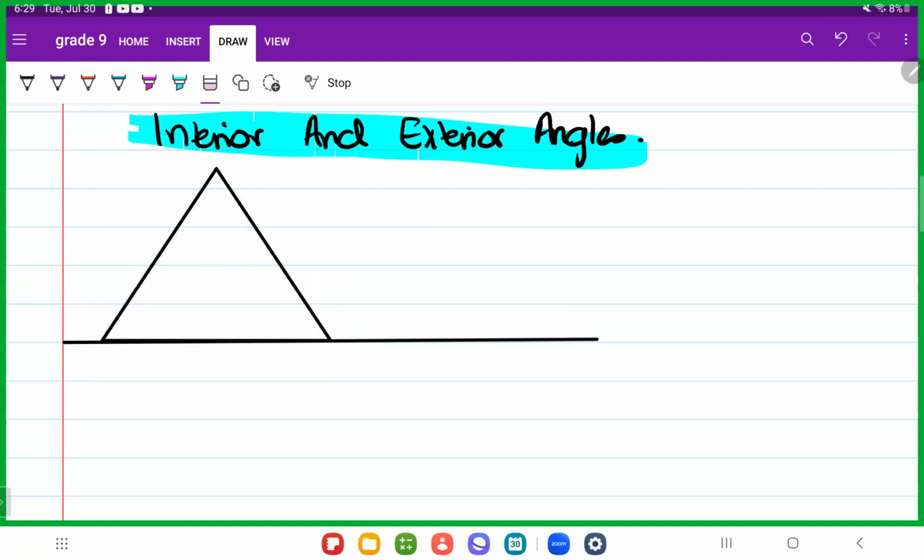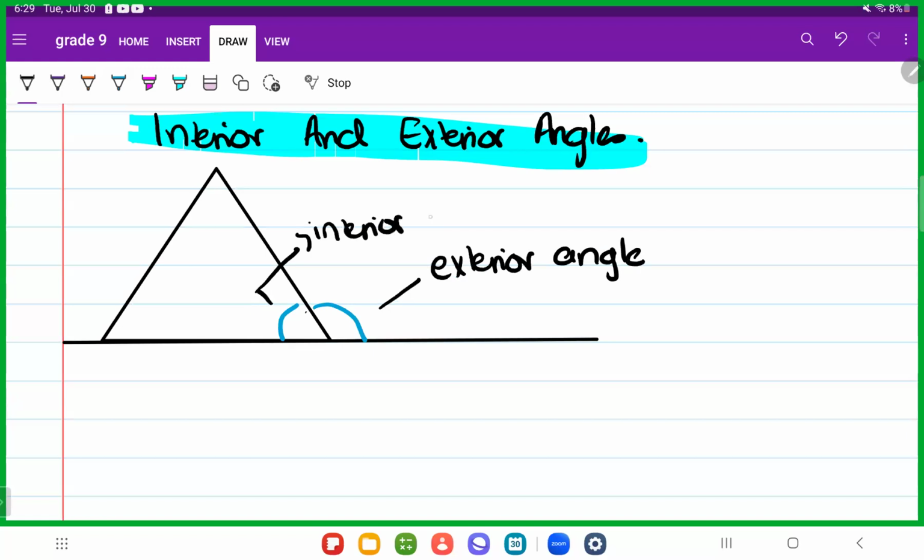This is my triangle. This is an angle in the triangle. This is another angle in the triangle. So this is basically my exterior angle as it is outside the triangle. And this is my interior angle.